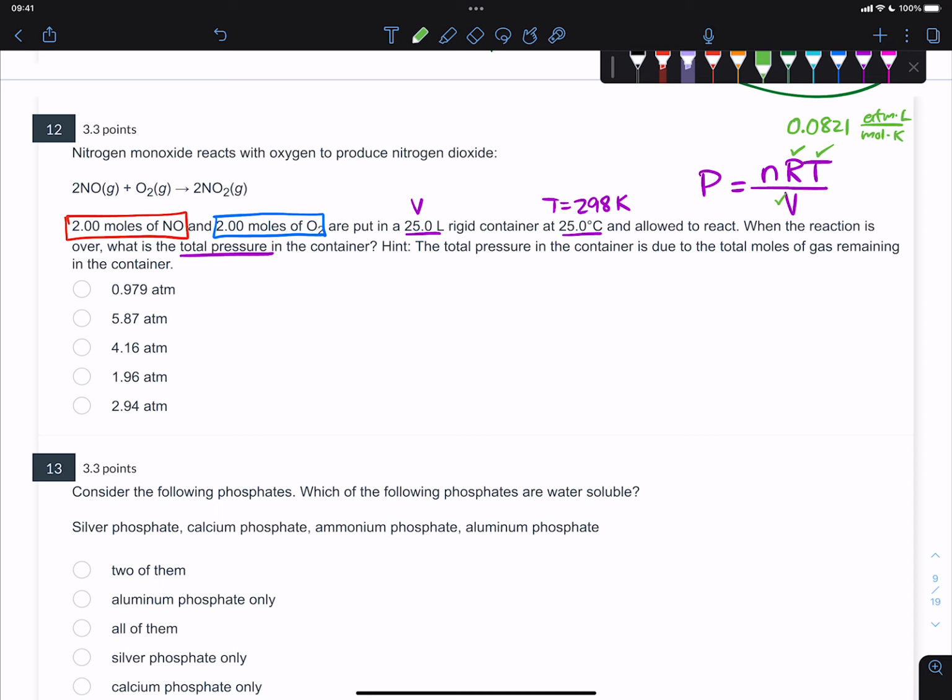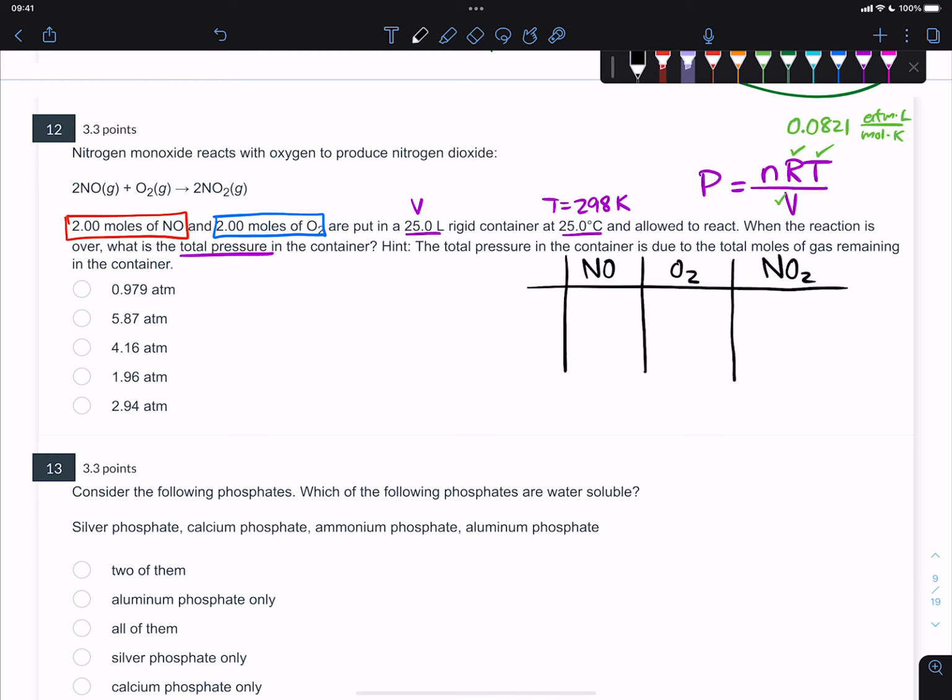It's really helpful here to put a table down. So let's draw a table. Let's put our reactants. We have NO, we have O2, and we have our product NO2. So put a table here like this, and then you can call one part of it before the reaction and one part after the reaction.